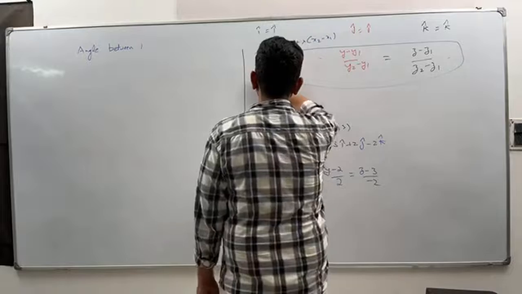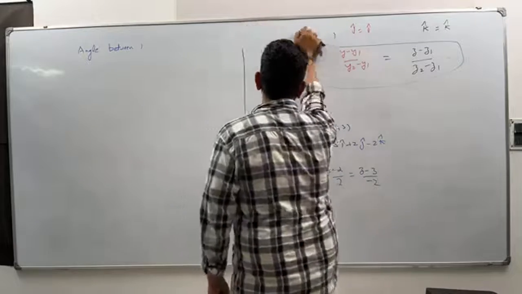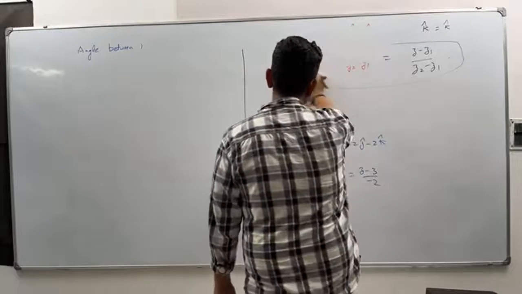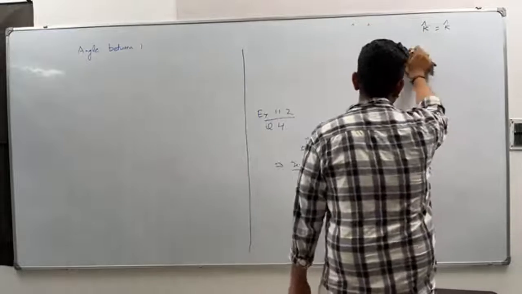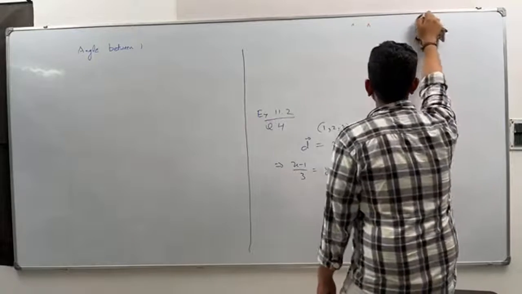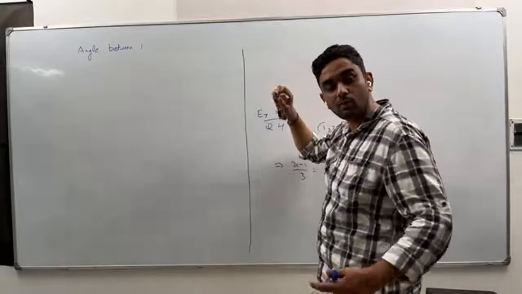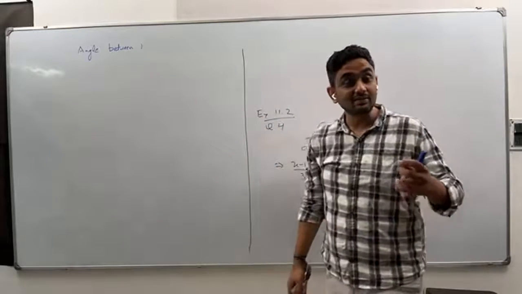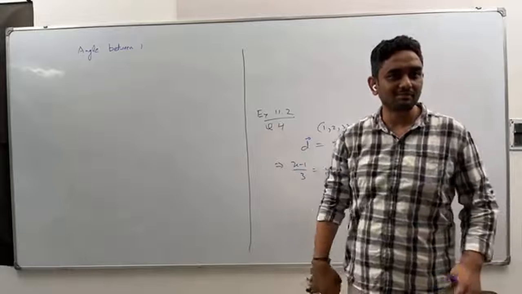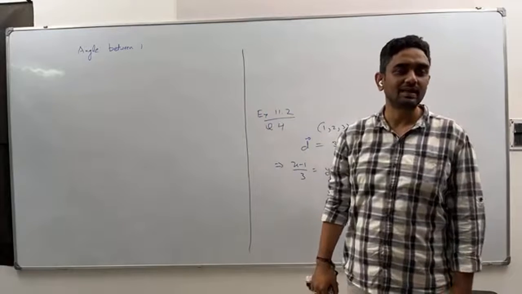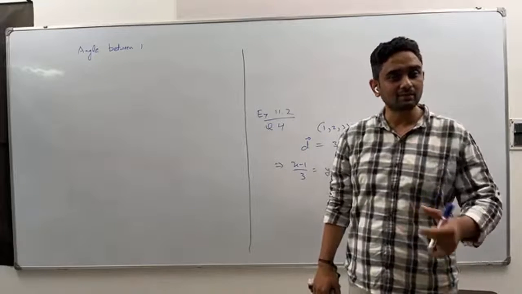Then we'll move on to the next part. That will see shortest distance between two lines. Then we'll see distance between two parallel lines. No, this whole exercise is all lines. Everything related to lines is this complete exercise.